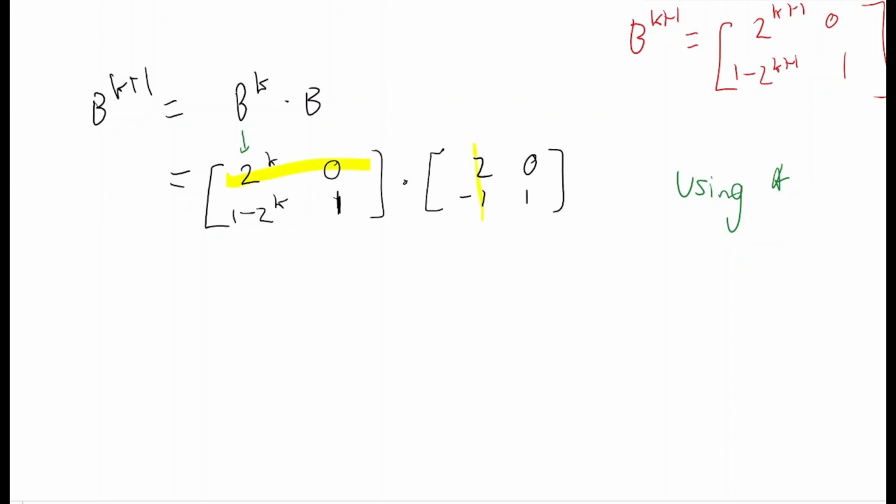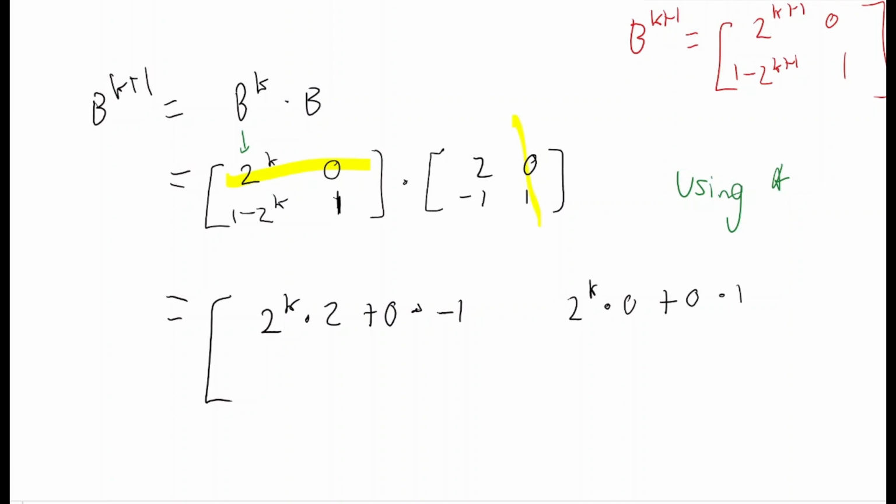So down here, this first term is 2 to the k times 2 plus 0 times minus 1. Then we got our next bit, which is going to be 2 to the k times 0 plus 0 times 1.